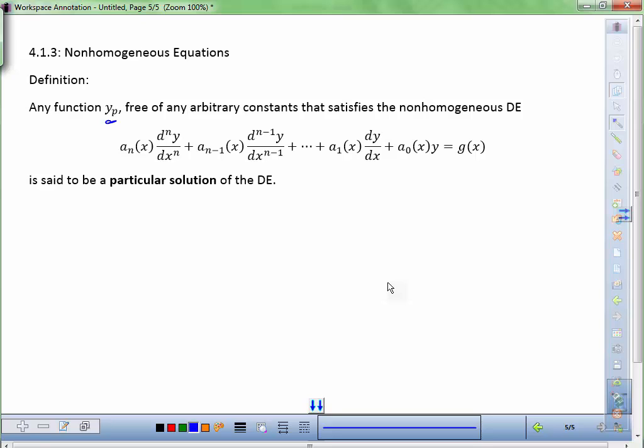If we have an actual function that would work for this differential equation, then that's called a particular solution. Okay, once we can find that particular solution, which we still don't know how to find, then we can find the general solution for a non-homogeneous differential equation.